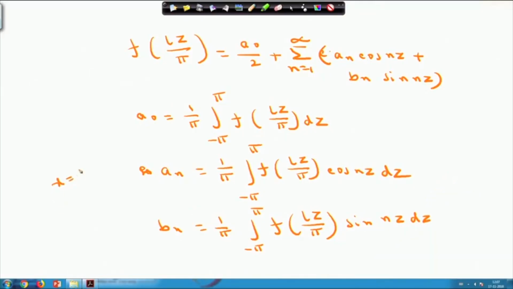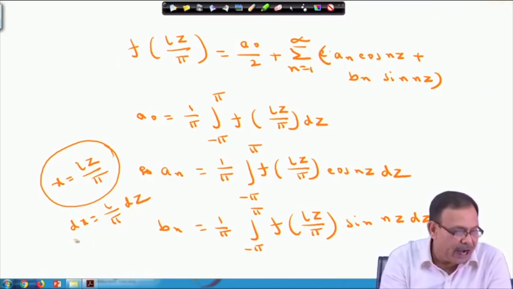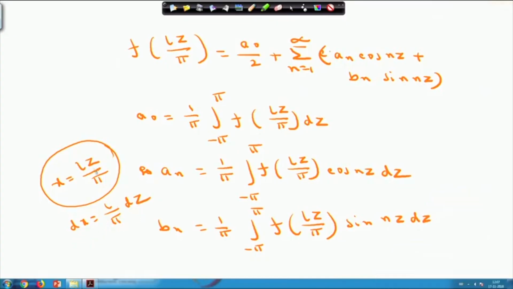I know that x equals L z by pi. If I substitute this, then dx will become L by pi into dz. So now this dz I can replace in terms of dx, and z I can transform in terms of x.